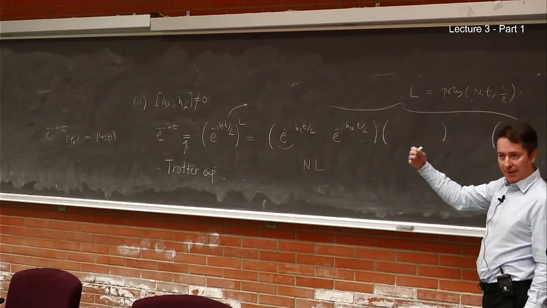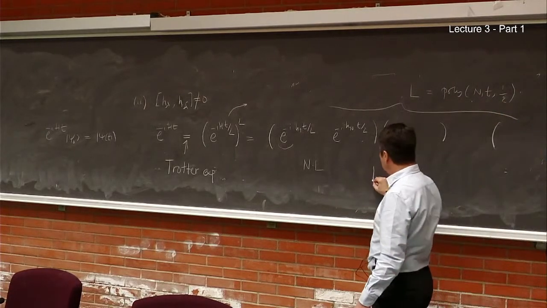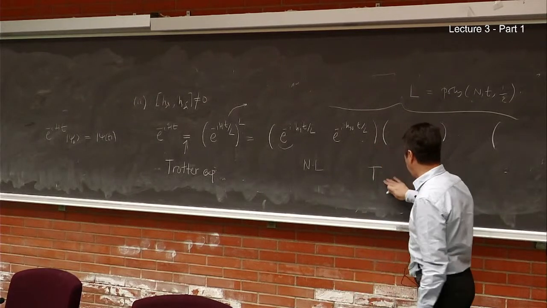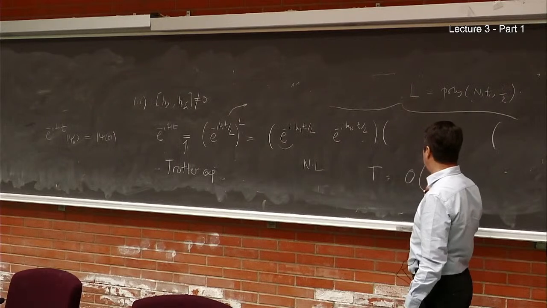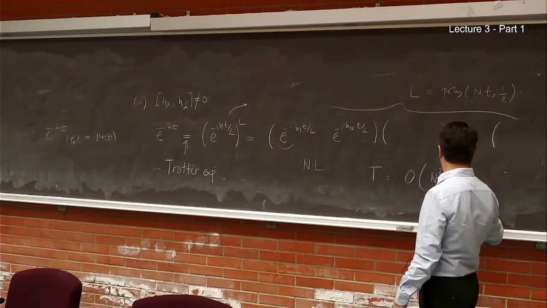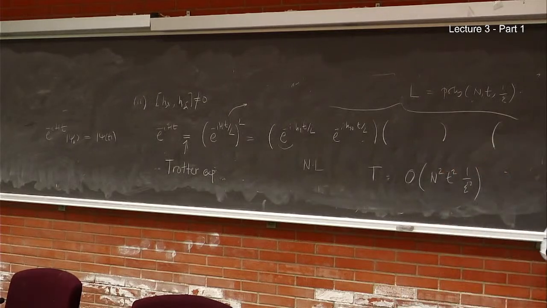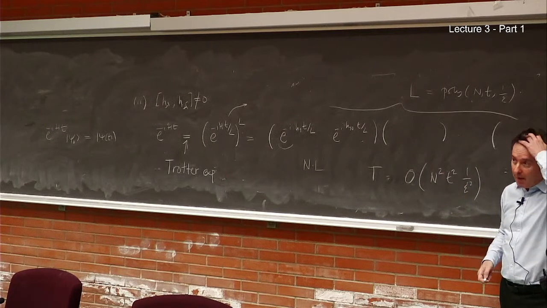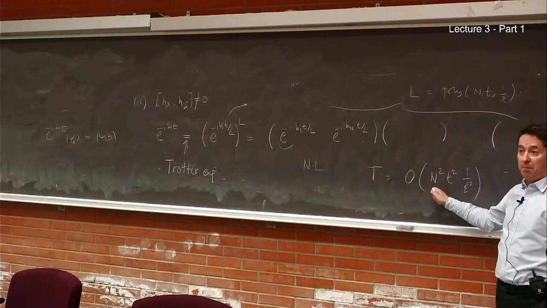So the total time of the computation for the general case, if you do it correctly, scales like n squared t squared one over epsilon squared. So still it's polynomial in everything. This means that this problem is in BQP.